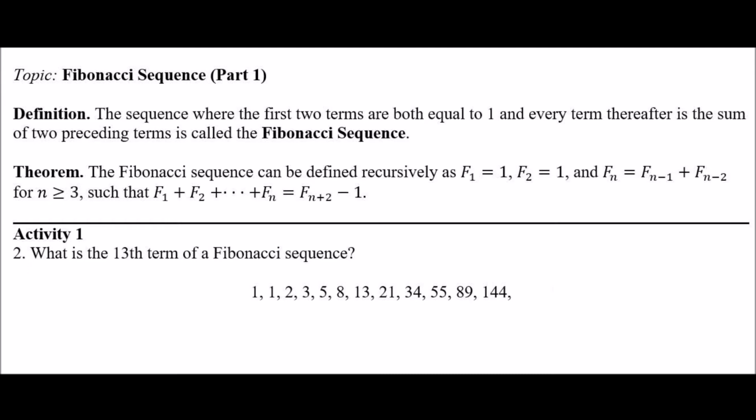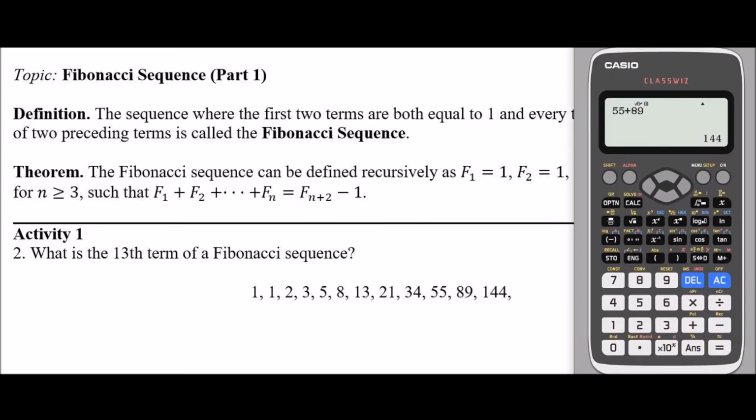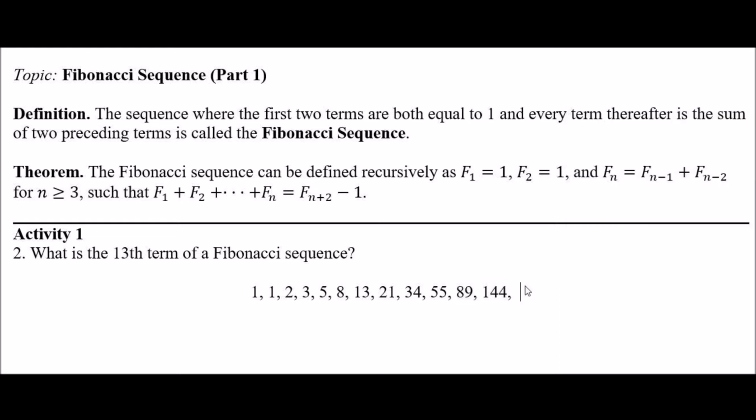And for the last term, we just need to add 89 and 144. 89 plus 144 is equal to 233. So therefore, the 13th term of a Fibonacci sequence, or F sub 13, is equal to 233.